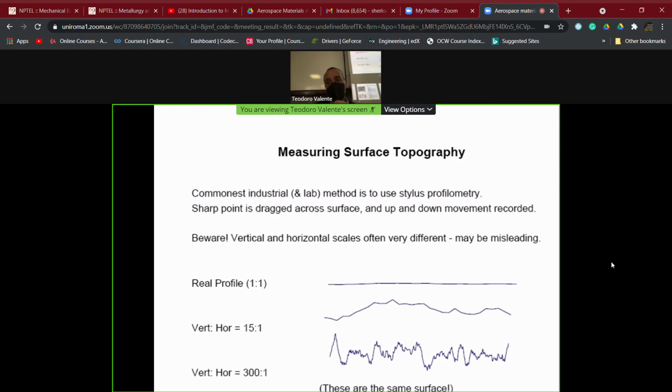And we should be aware that since usually the length scale, the reference of the y axis, is much smaller than that on the x axis, especially if we are thinking about a real component, an industrial component, an engineering component, we should pay attention to use the proper vertical and horizontal scales.